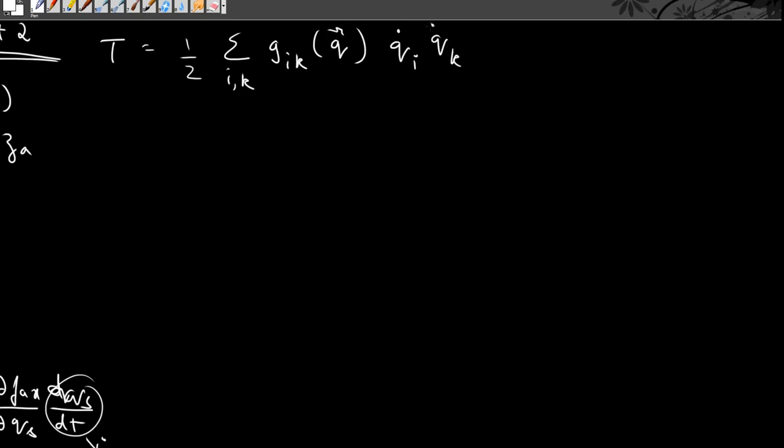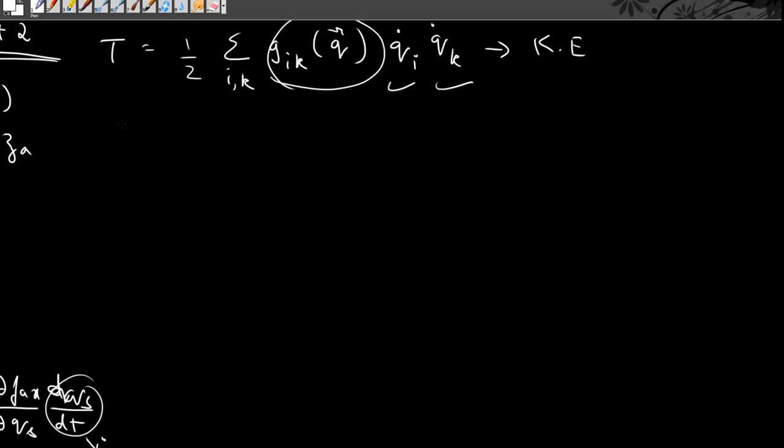Let's stop here and stare at this equation for a moment. This is the kinetic energy, and we see that it is still quadratic with respect to the velocities, because there are two velocities multiplied here. But now it has a term which depends on the value of q, right?